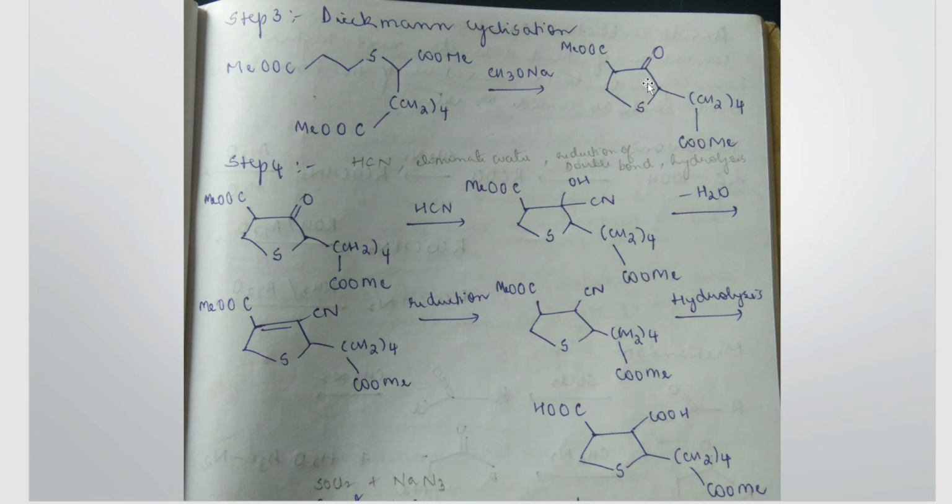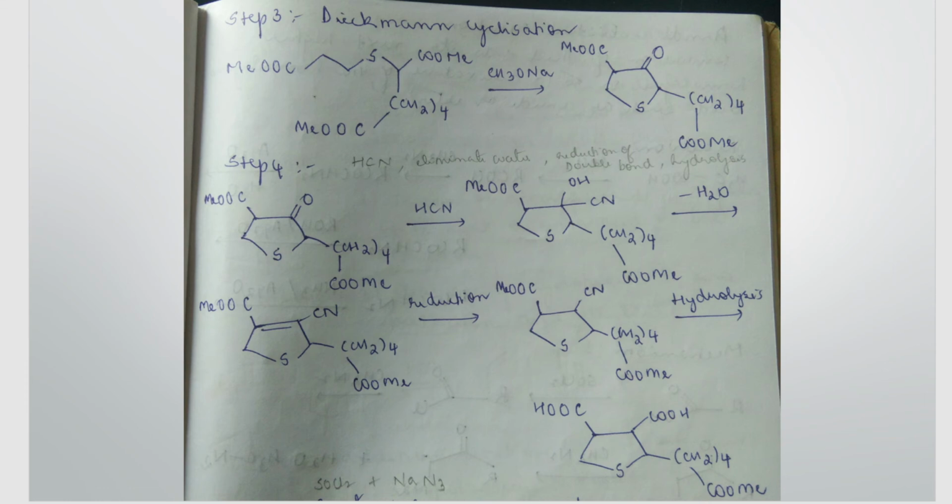See, there is a C double bond O, that's nothing but this group, and there is a COOMe present over here, one more C double bond O is present over here, and there is a cyclization. Here Me is nothing but your methyl group, correct? So cyclization takes place, one of the C double bond O is written here, one of the COOMe groups is written over here.